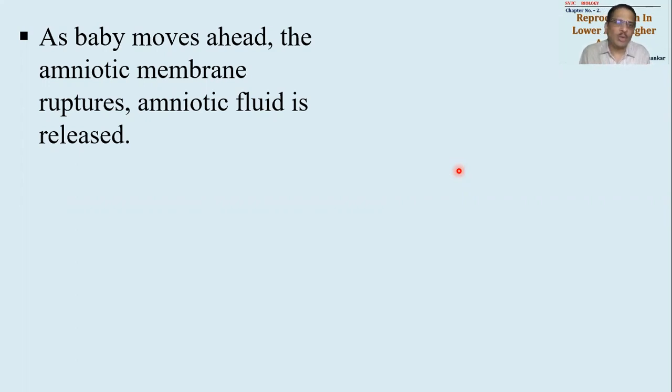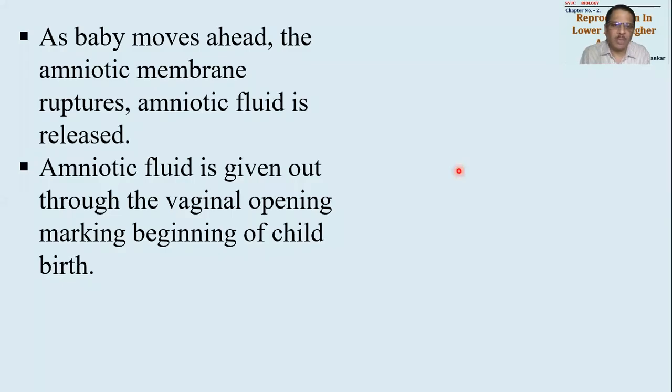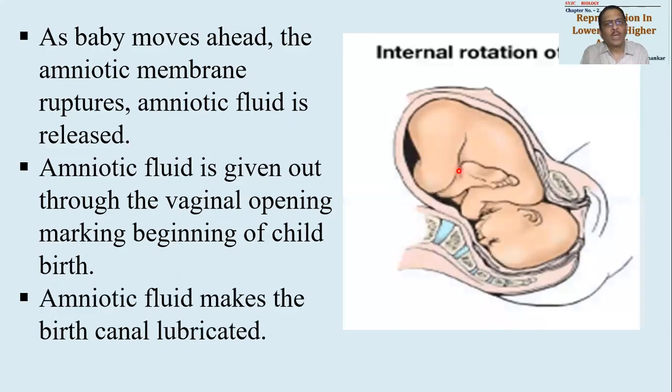Okay, this amniotic fluid will make the entire birth canal, matlab cervix as well as vagina, somewhat lubricated so that there will be ease in baby's birth. Okay, so this is how we can say the birth will start. Amniotic fluid का function भी मैंने बता दिया, it will be responsible for lubrication.